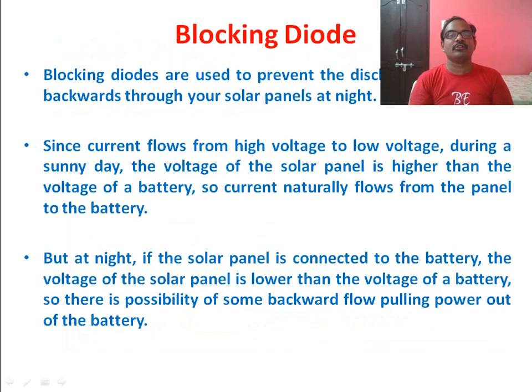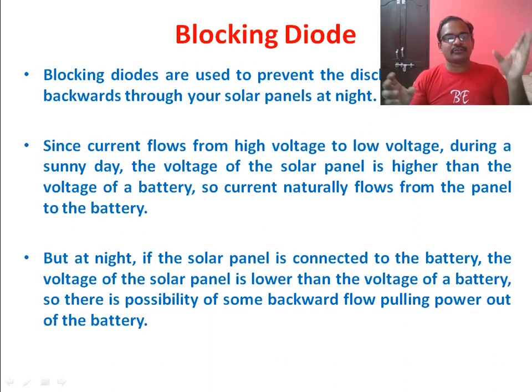And the second type of diode is a blocking diode. A blocking diode will be connected in between a battery and a solar panel. Why do we have to connect it between a battery and a solar panel? Say for example, on a sunny day in the morning, we have a solar panel and we have a battery.